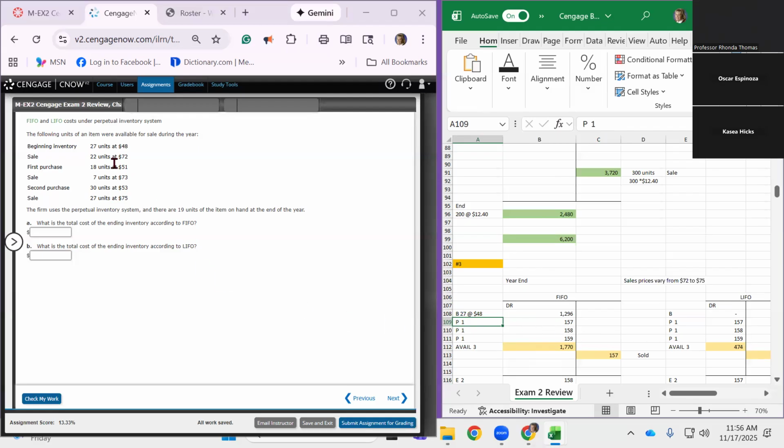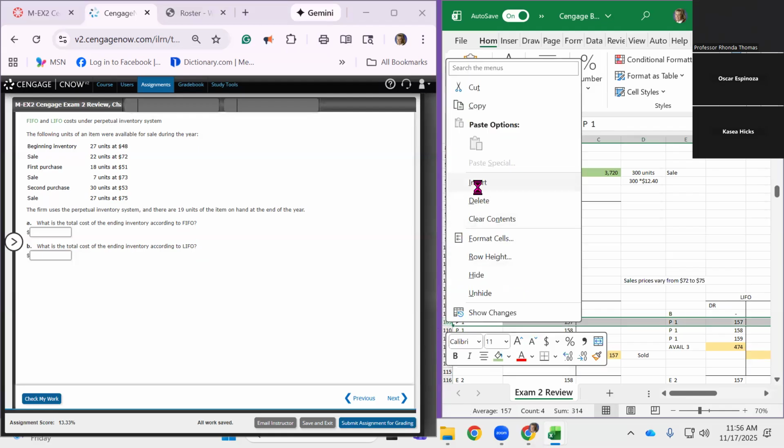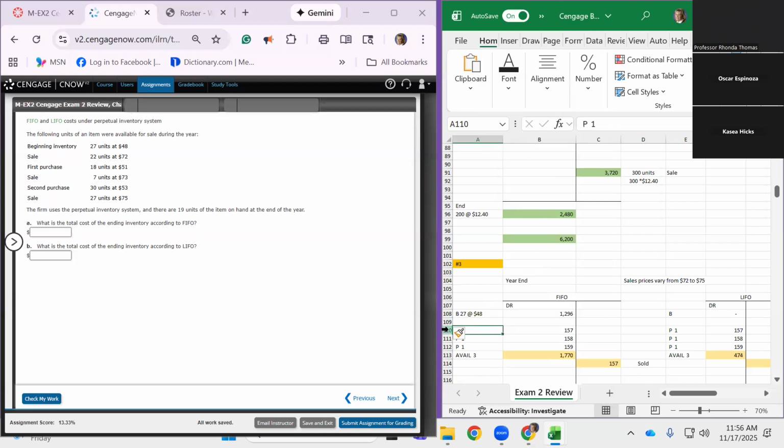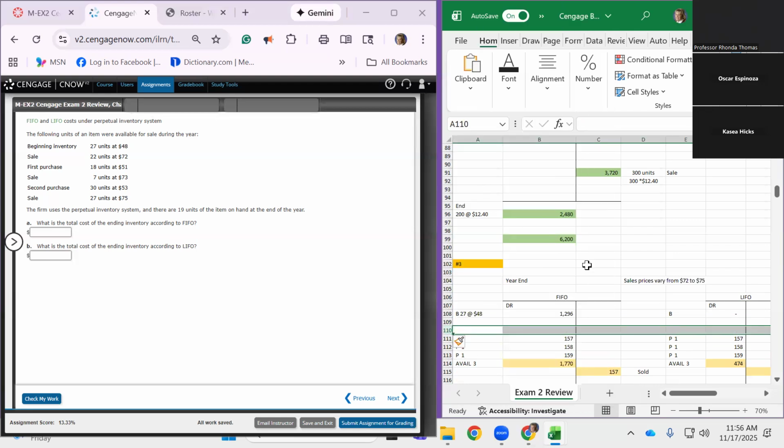Okay, and then we had a sale. So I'm going to insert a little bit here so we make room for a sale. All right, so we're going to sell 22 units at $48 apiece because there are no other costs.